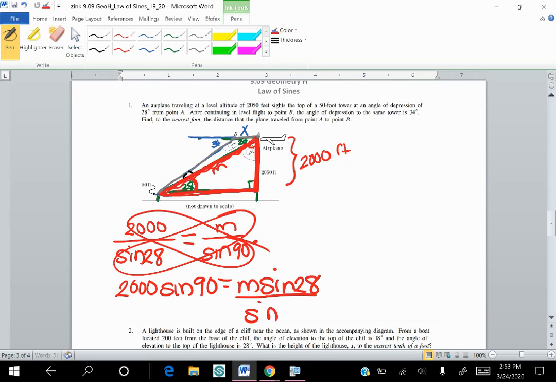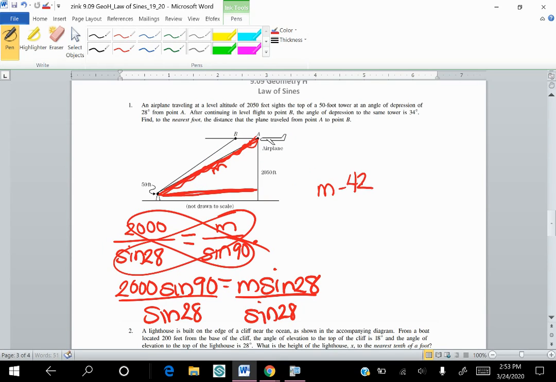Divide both sides by sine 28. And we're going to put that right into your calculator. Again, make sure you're in degree mode. And it should give you 4,260.108936.